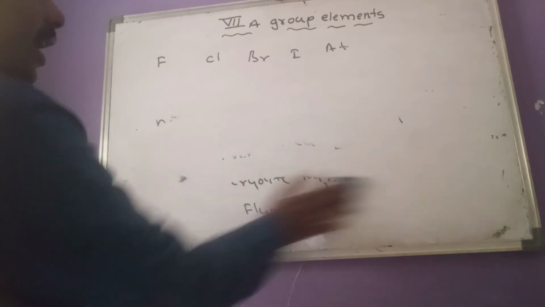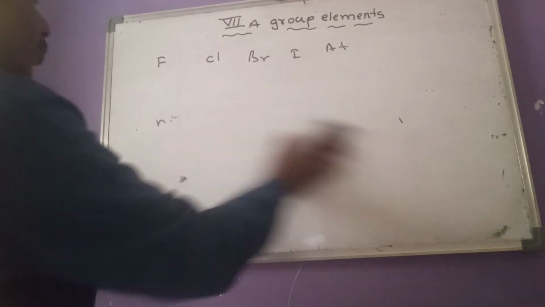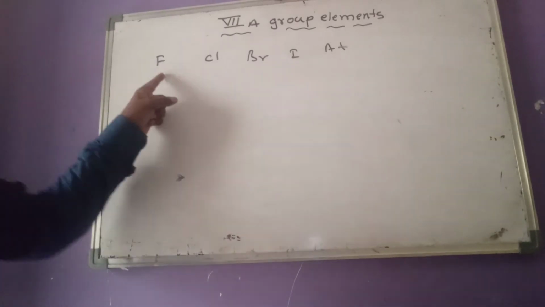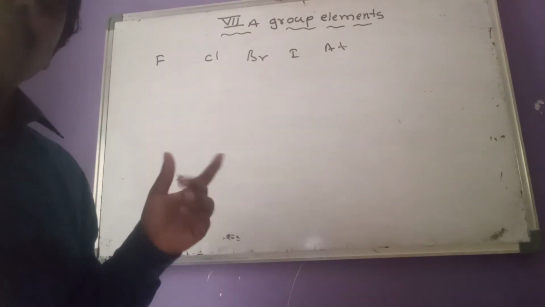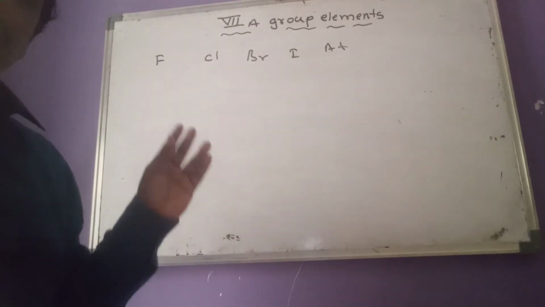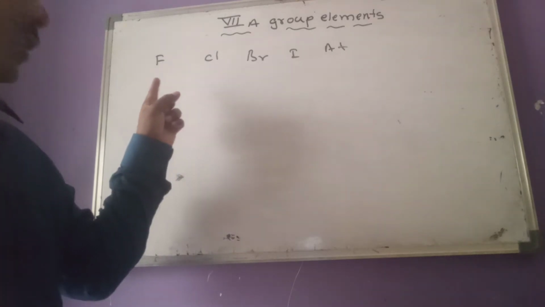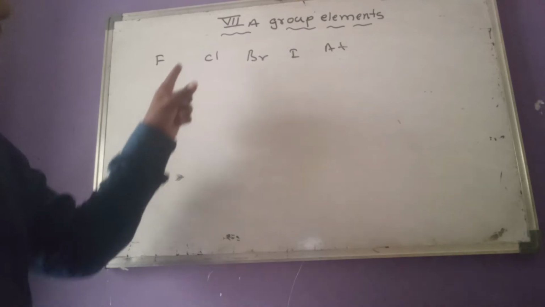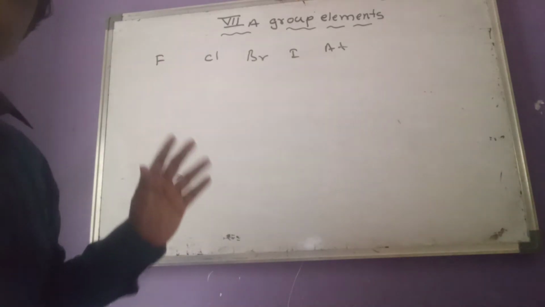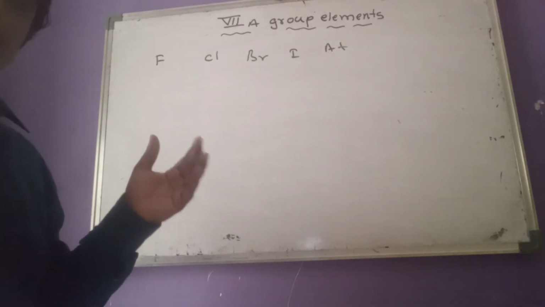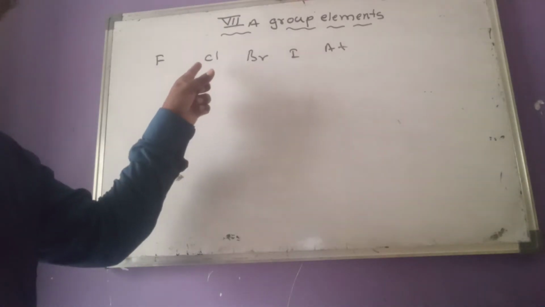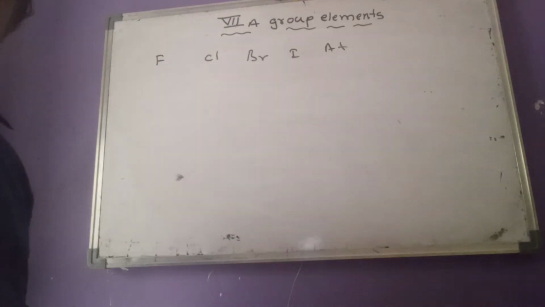Okay, then now let us see the speciality of halogens. Each and every halogen has its own speciality. What are the specialities? Fluorine is known as a super halogen because of its high reactivity. And chlorine's speciality is the highest electron gain enthalpy in the entire periodic table.